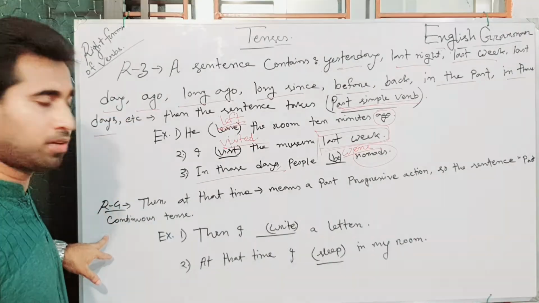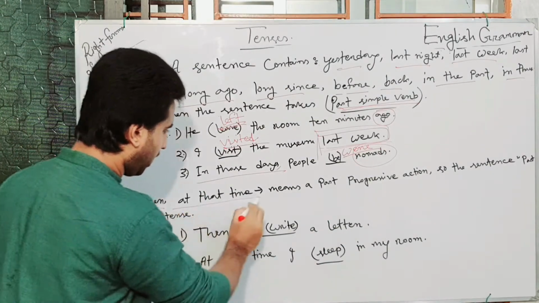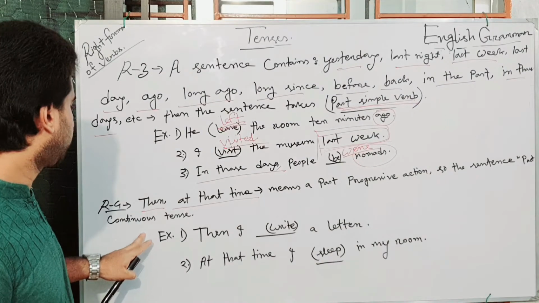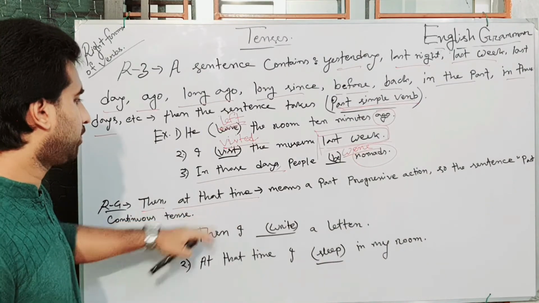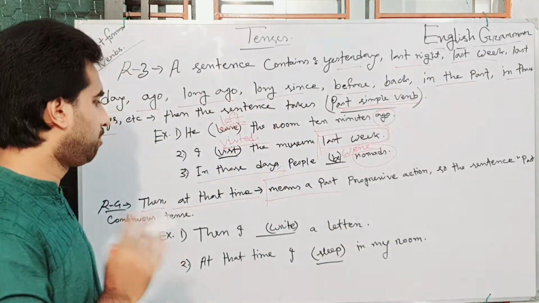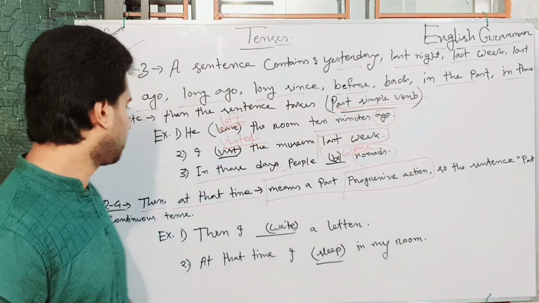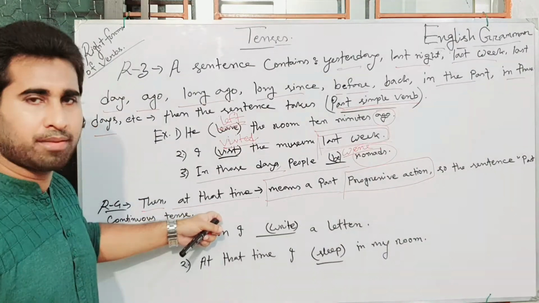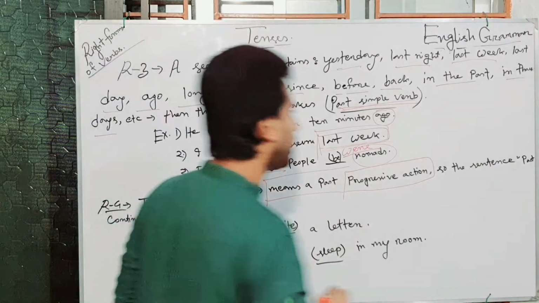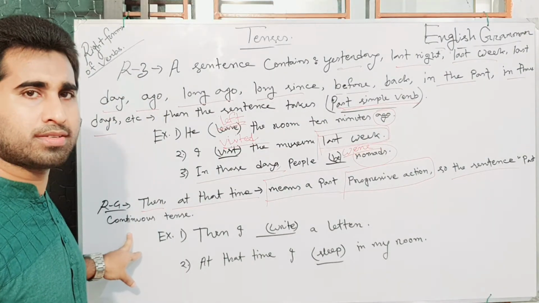And the next one is rule number 4. Look at this rule. In a sentence, if we see then or at that time, these phrases mean a past progressive action. So the tense must be a past continuous tense.